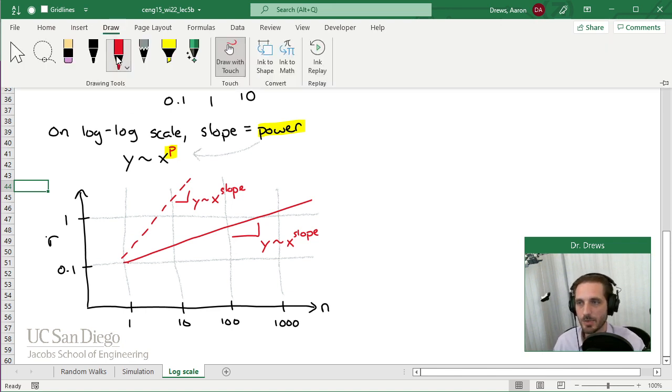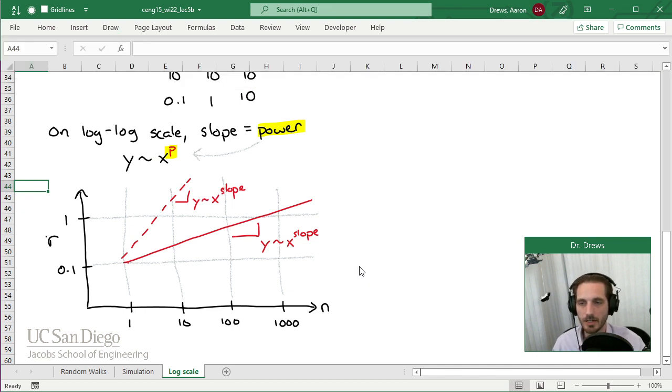And so the relationship that you're going to discover in your homework is that r will scale as n to a particular power. You'll find the power that sits on there and determine it experimentally, or in this case with a simulation, which is essentially an experiment.